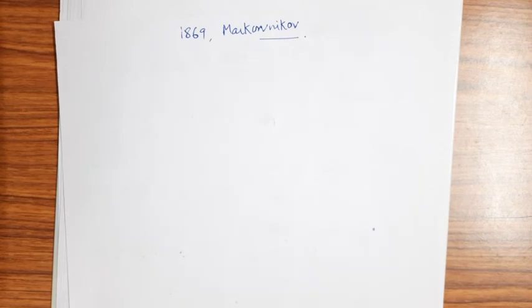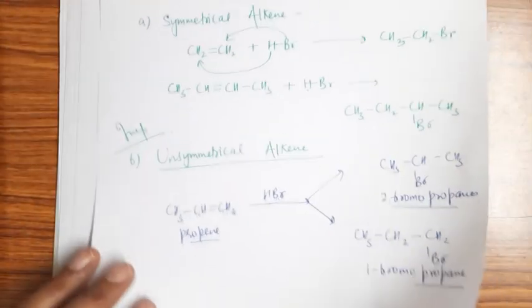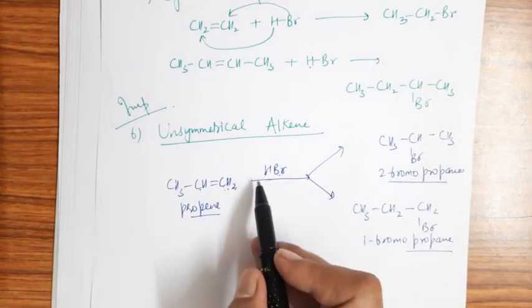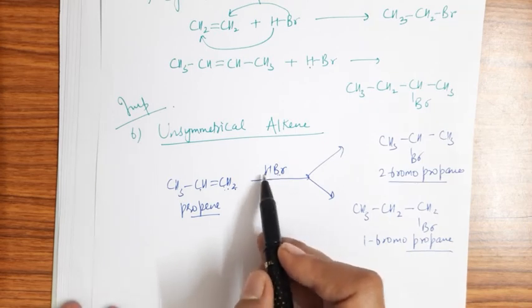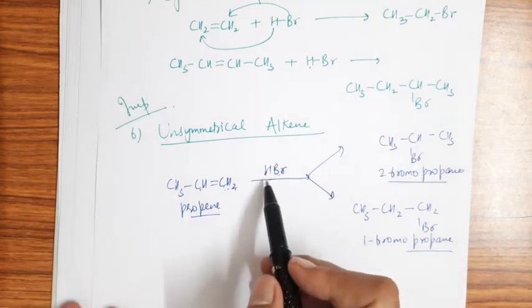He states a rule, which is known as the Markovnikov rule, which states that the negative part of the addendum, that means the adding molecule. For example, if we are taking HBr here, it is the addendum, the adding molecule.